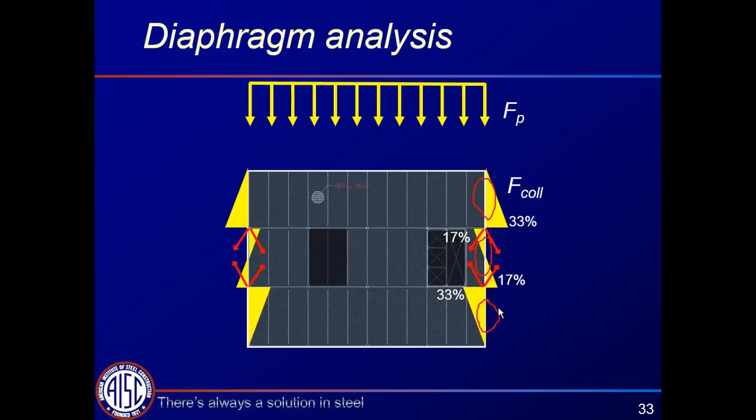You can design this collector system in any number of ways. If you wanted to, you could assign 100% of that force to the center bay. Of course, there are some implications to that we won't get into in this seminar. But for simplicity, I'm just saying 33%, 33%, 33%. Whatever your assumption is, it affects how you design these connections. And so I'm presenting my assumption up front. It may be different from yours, but the following slides will be consistent with this assumption.